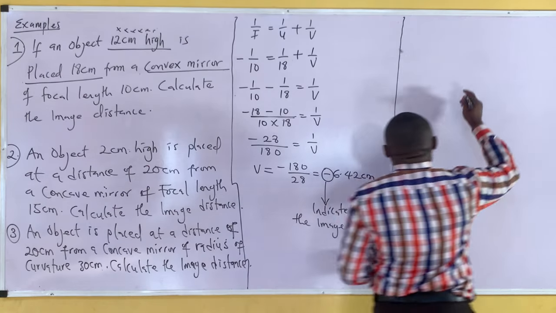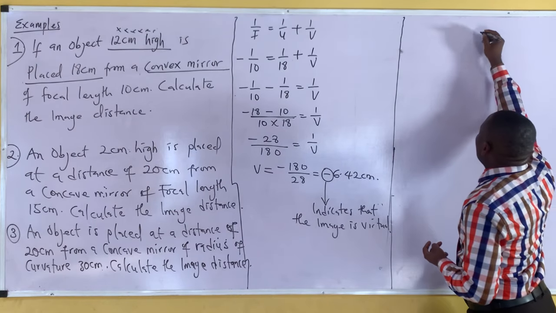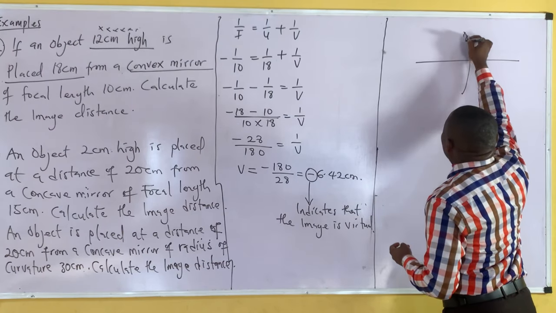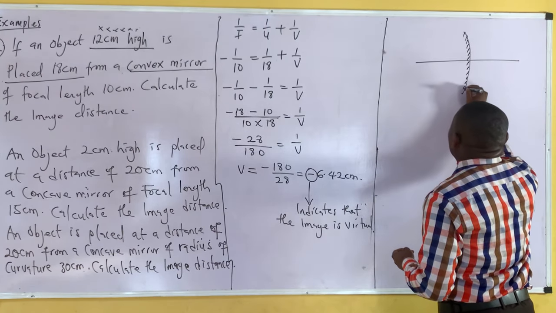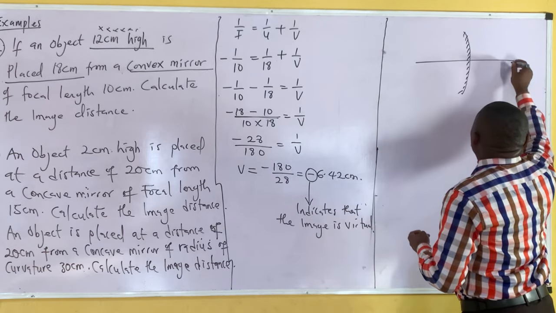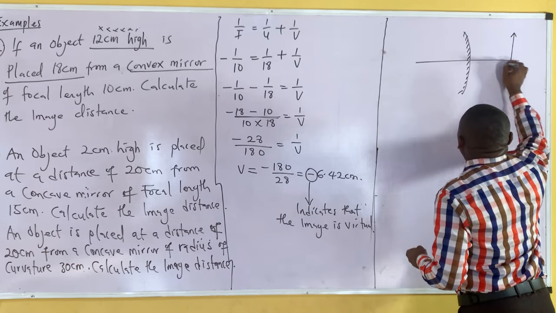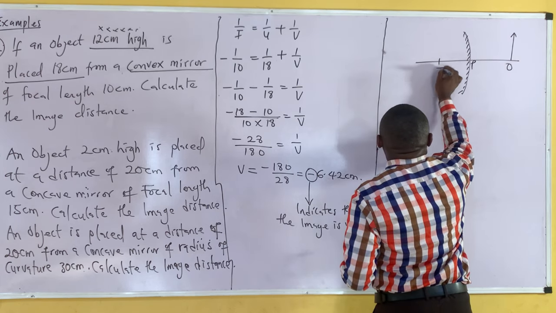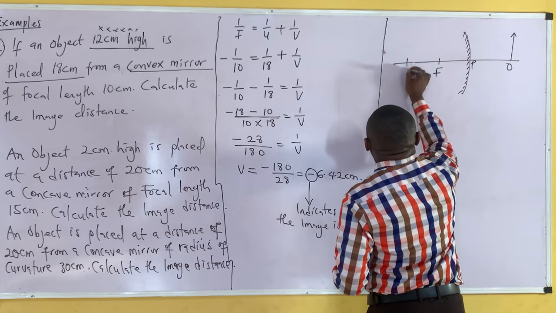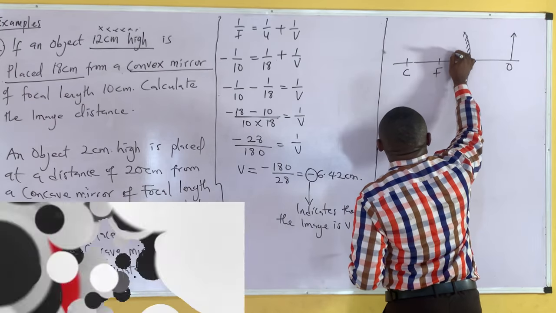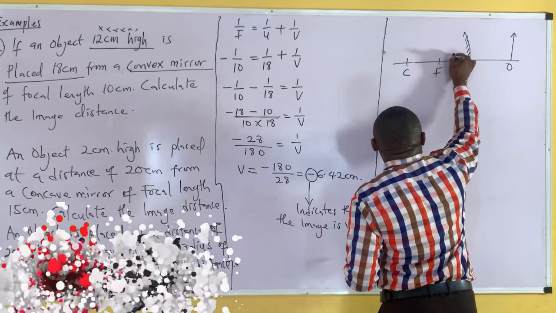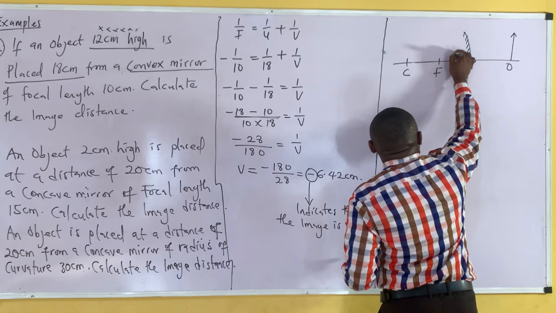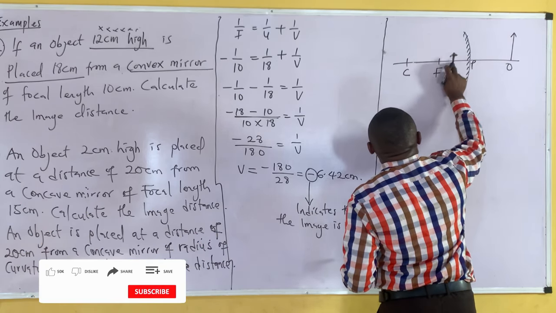Now, if I show this in a ray diagram where I have this to be the mirror shaded inside, that means it's a convex mirror, and the object is placed here. We said this is our pole, this is F, and this is C. The image, remember, under image formation, the image is virtual, it is erect, and it is diminished.